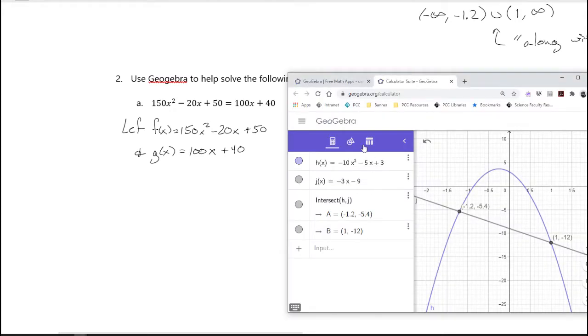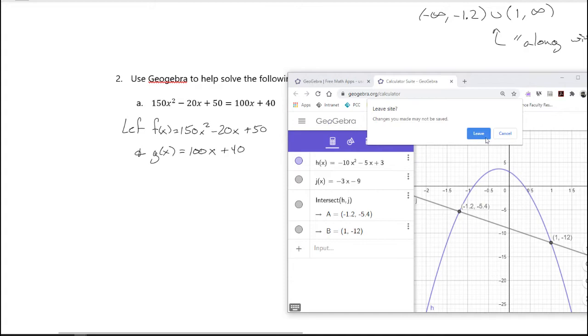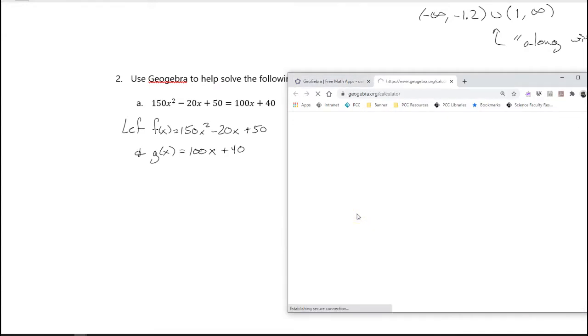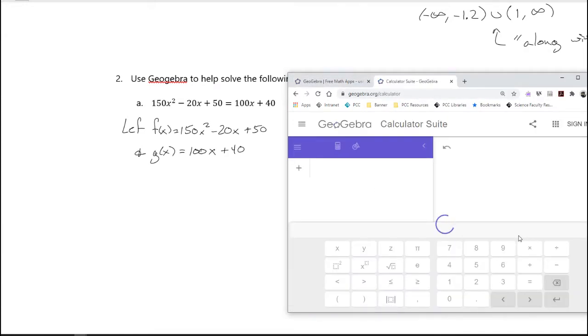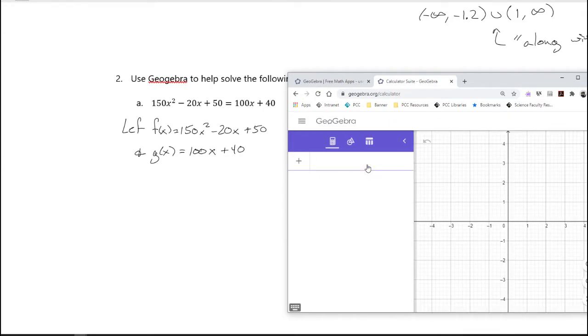So pull up the calculator, we'll go ahead and start anew here. And I'm going to type in f of x equals 150 x to the second, get out of that exponent, minus 20x plus 50, and then g of x equals 100x plus 40.